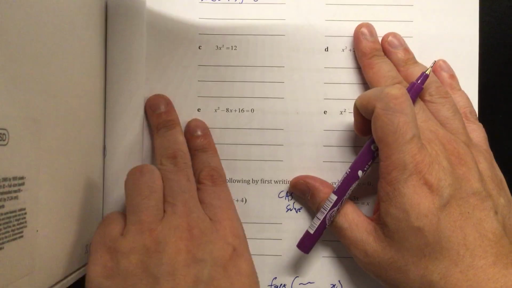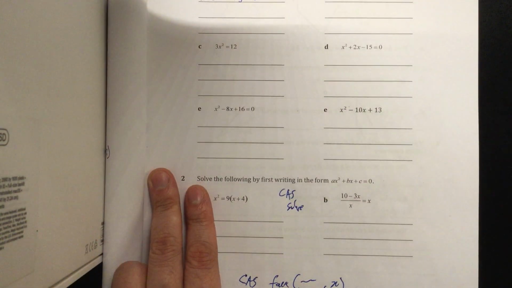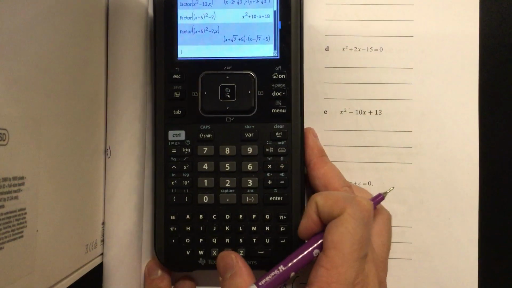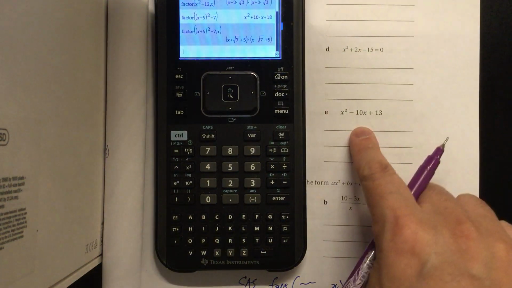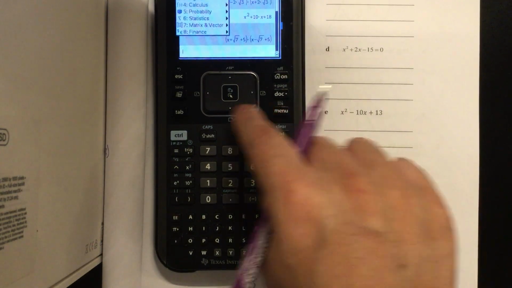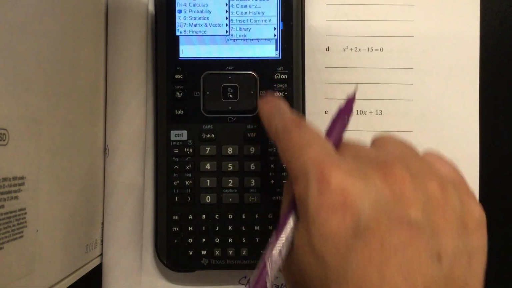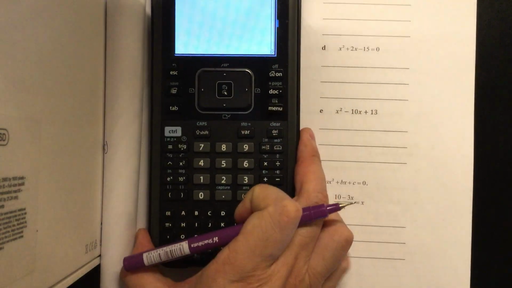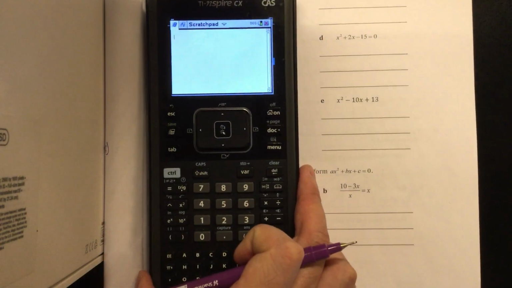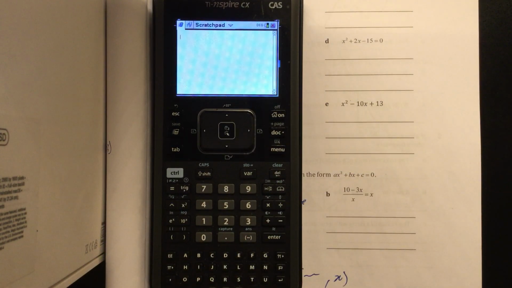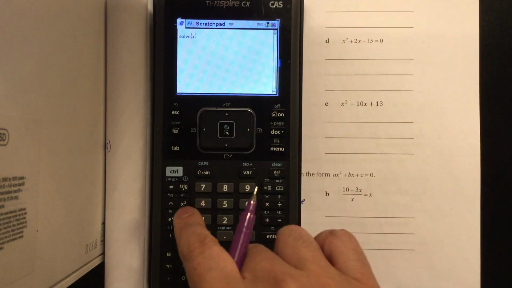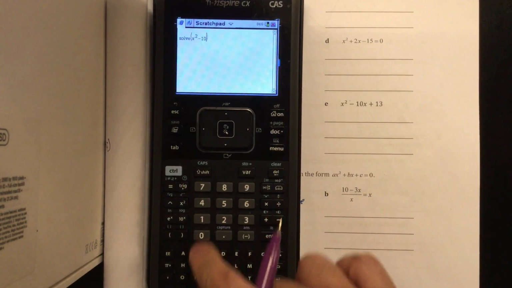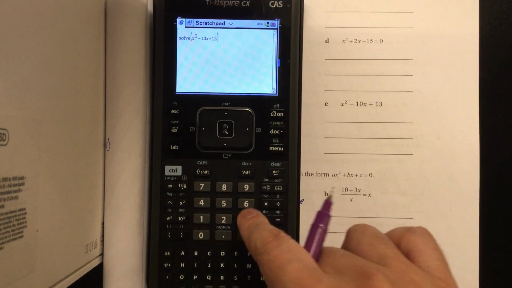What's next? Solve the following quadratic equations. I'm definitely not going to do all of them. Simply just pick one of them. Let's do E. Again, you see, Menu, Action 5. Clear the screen. So we got Menu, Algebra, Solve, x squared minus 10x plus 13.